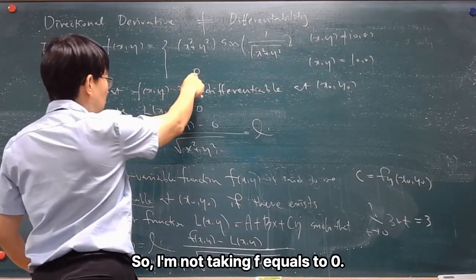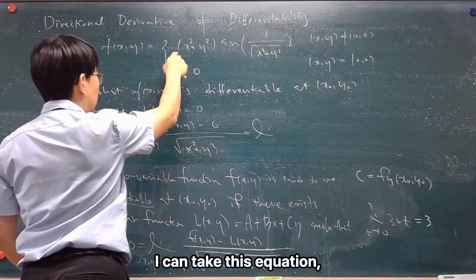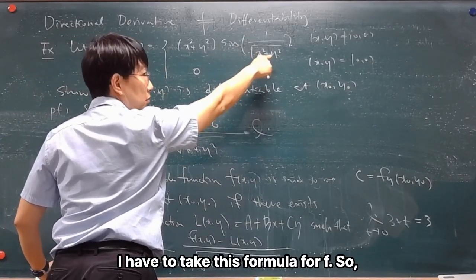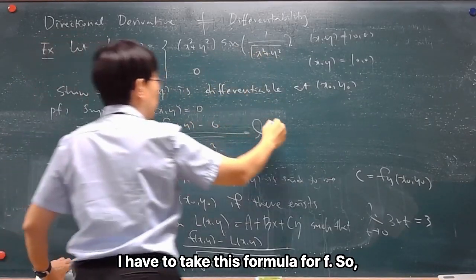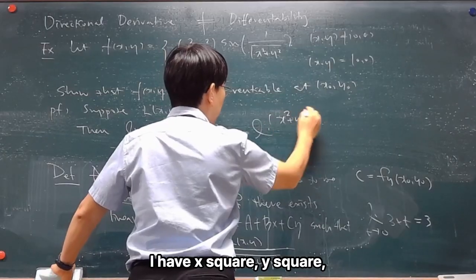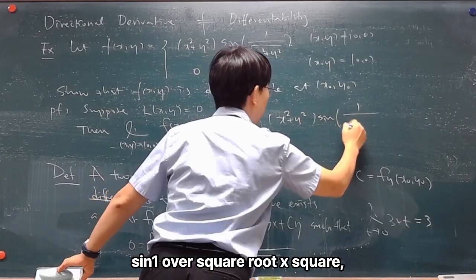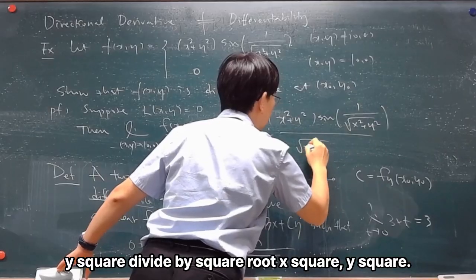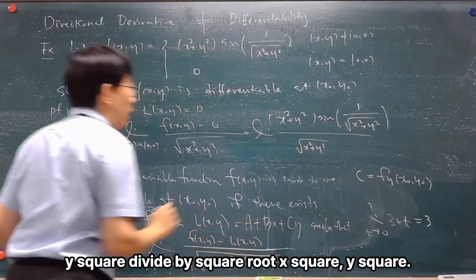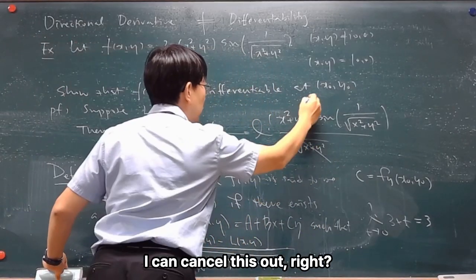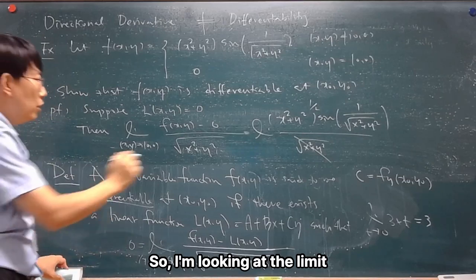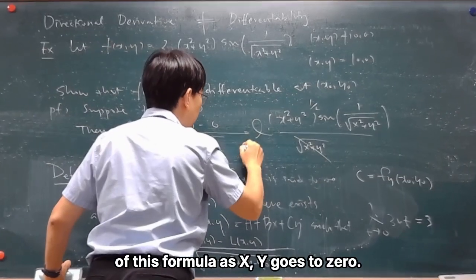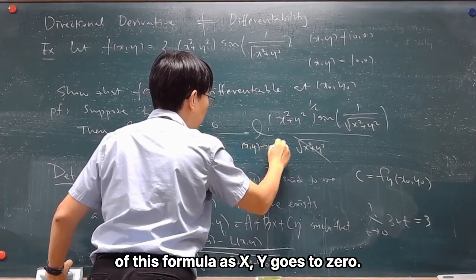So I'm not taking x equal to 0, I have to take this formula for f. So I have the square root of x squared plus y squared, sine of 1 over the square root of x squared plus y squared, divided by the square root of x squared plus y squared. And what happens? I can cancel this out, right?